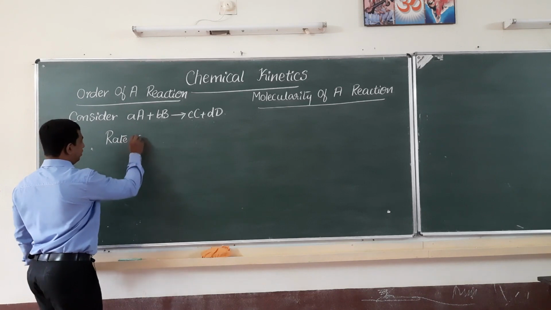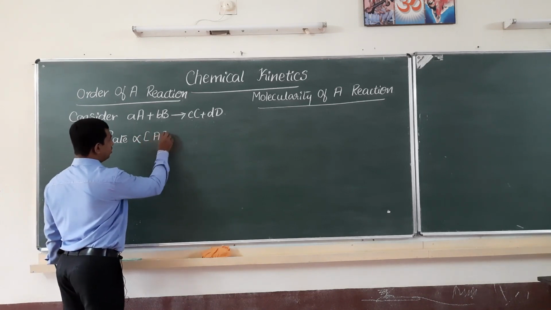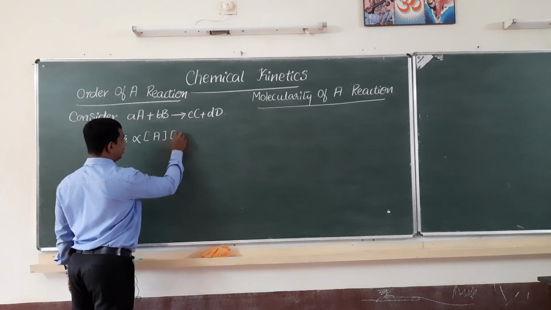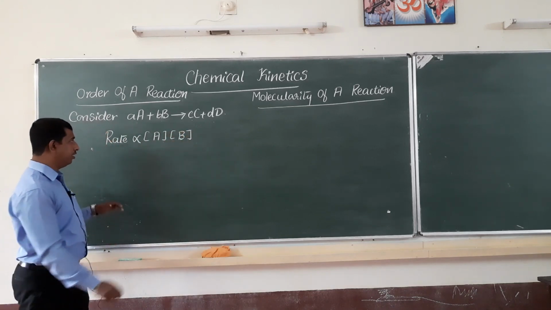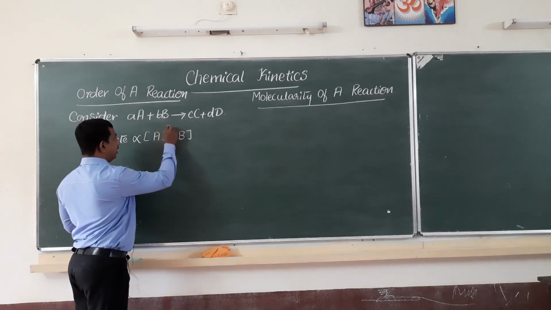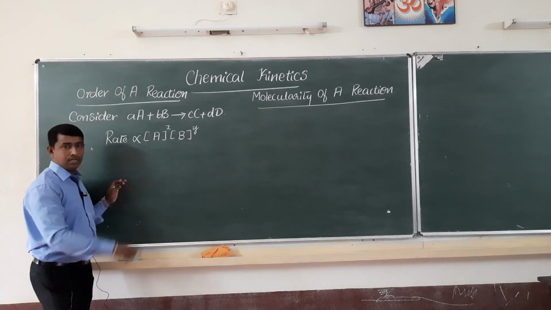Now, the rate law for this reaction can be written like this. Rate is directly proportional to concentrations of the reactants, that is concentration of the reactant A into concentration of the reactant B. Their powers I will write as x and y, because we don't know the values of the exponents.